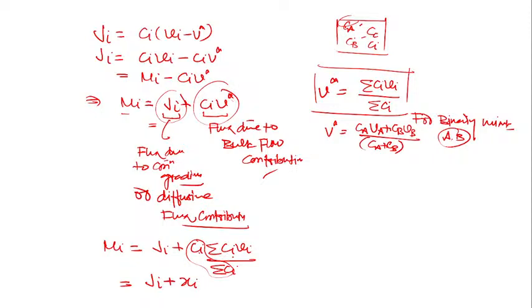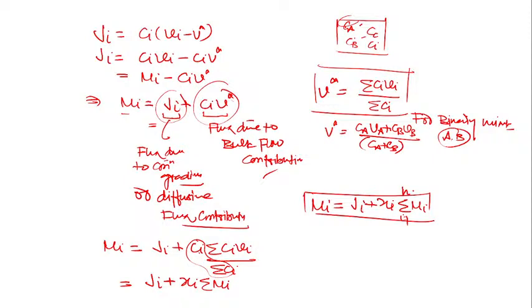And Ci into Vi is Ni. Yes or no? So a very important result I got here: Ni is equal to Ji plus Xi into the summation of Ni's from i equal to 1 to N, where N is the number of components present in the mixture. Clear to you?